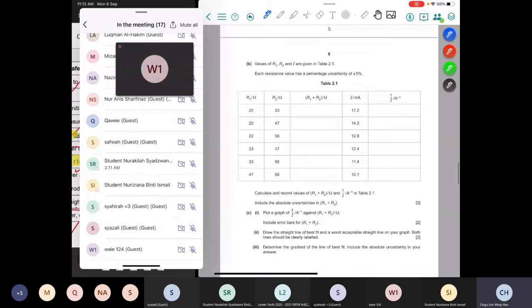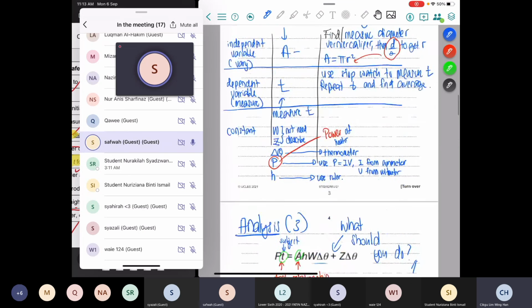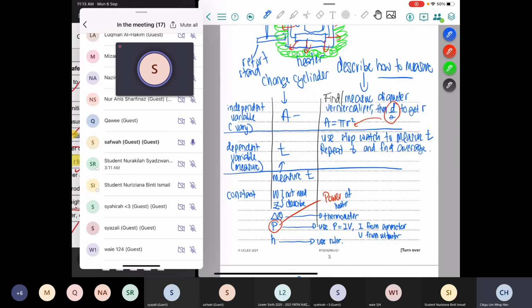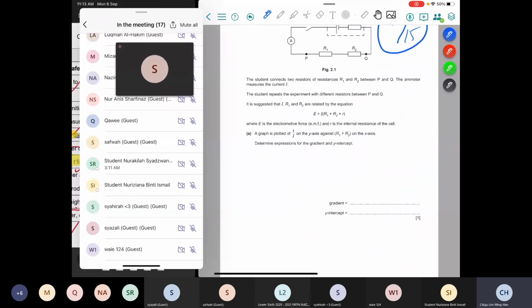We have Safwa. How do you know which one is the independent variable and which is the dependent variable? Good question. Let me add here: how to know independent variable or dependent variable?